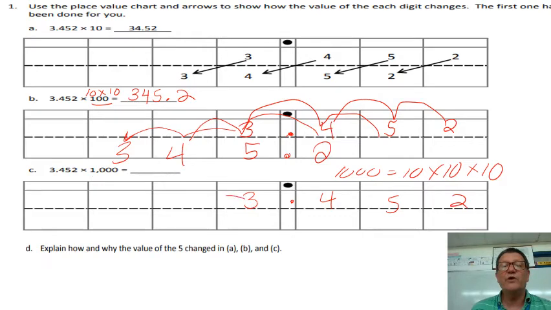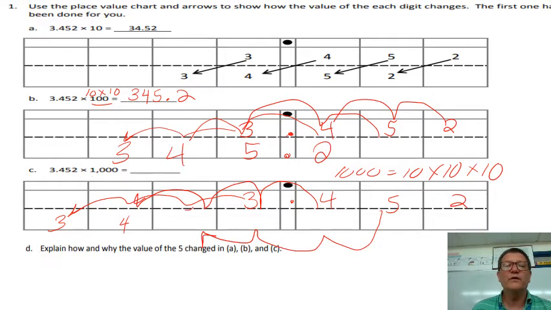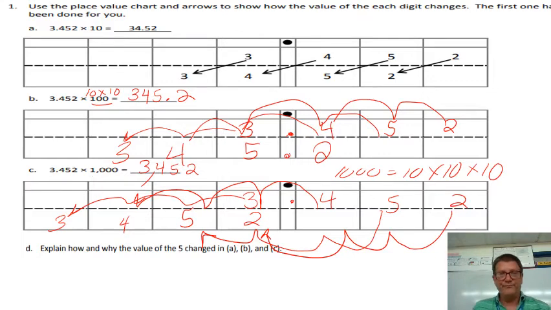So the 3 will go 1, 2, 3. The 4 will go 1, 2, 3. The 5 will go 1, 2, 3. And the 2 would go 1, 2, 3. So we can see that this answer will be 3,452 with a period after it.